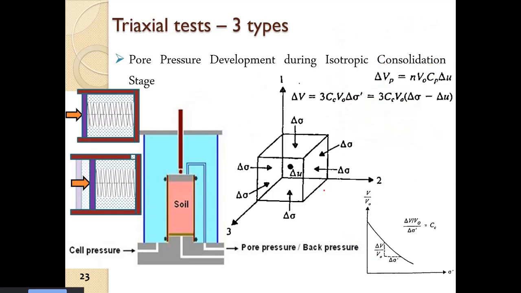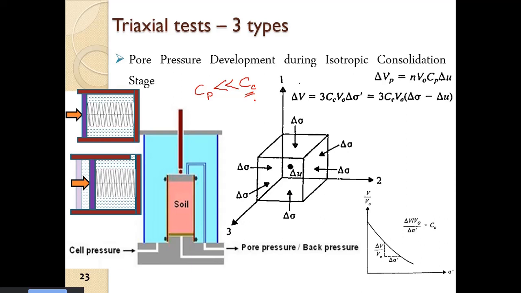All right. Now we have seen that the compressibility of the fluid, Cp, is very, very less compared to the compressibility of the soil skeleton, or the consolidation compression coefficient.